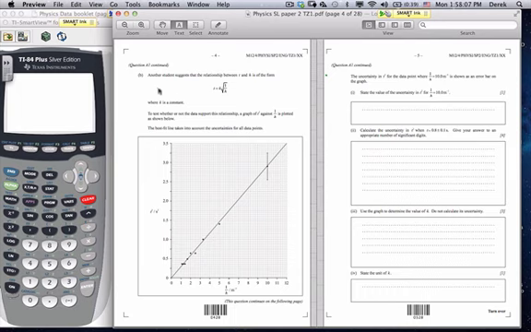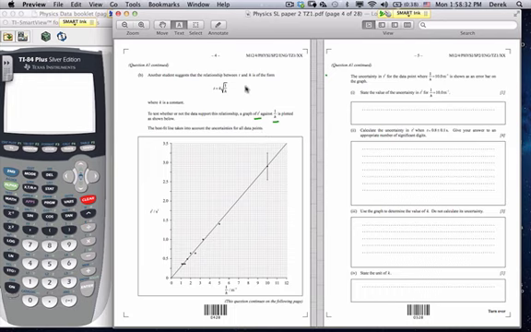Going on to the B part, another student suggests that the relationship between t and h is of the form t is equal to k square root of 1 over h, where k is a constant. To test whether or not the data supports this relation, a graph of t squared against 1 over h is plotted as shown below. The best fit line takes into account the uncertainties for all the data points.